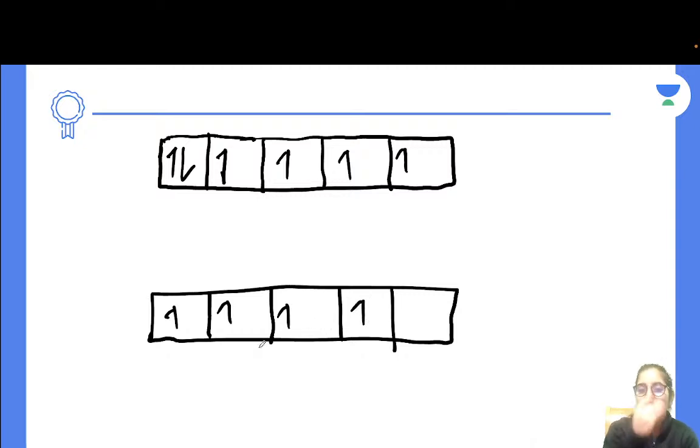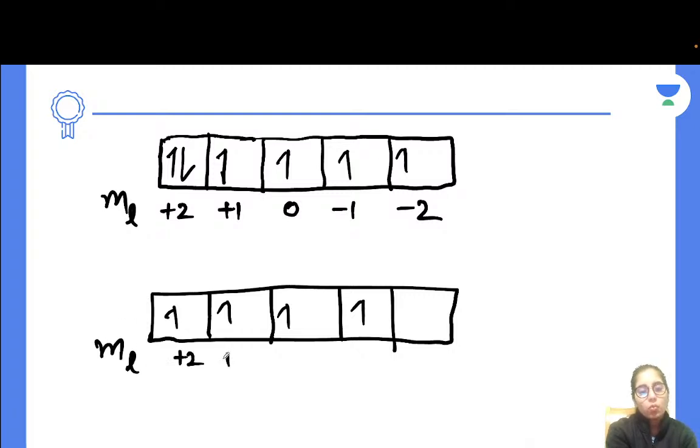So if you talk about summation, this is going to be the ml values. I will write here plus 2, plus 1, 0, minus 1, minus 2, again the ml values plus 2, plus 1, 0, minus 1, minus 2, and the spin values, the ms values, on top we can write.